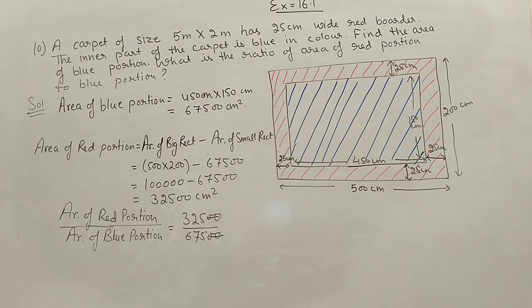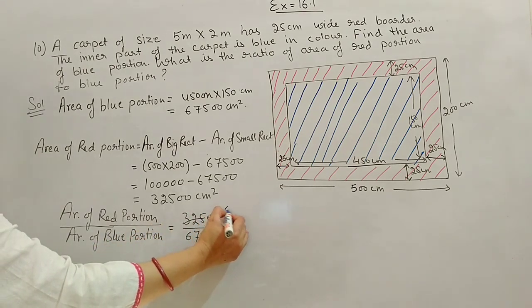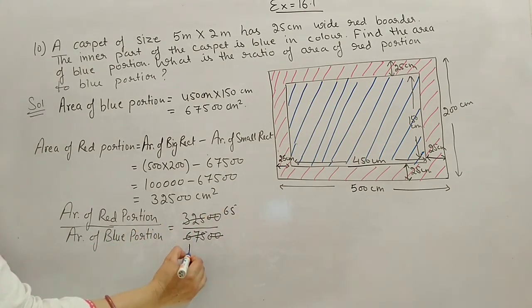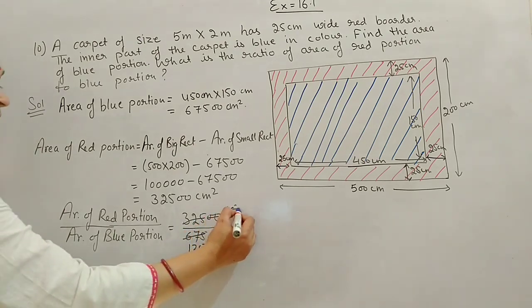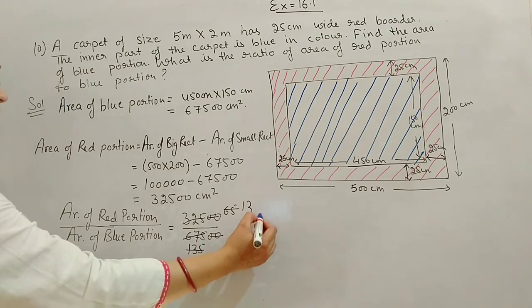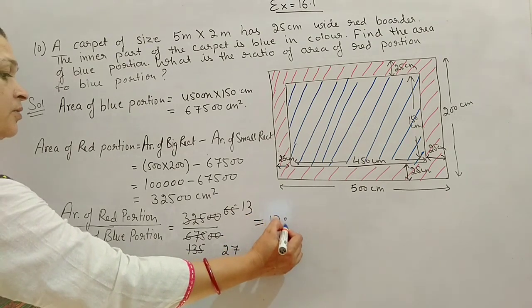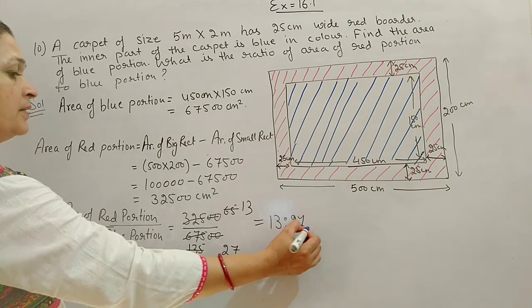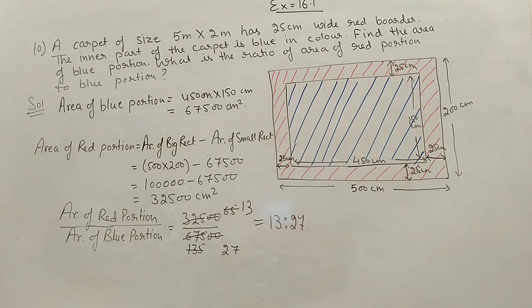After that you can cancel by the 5 table. 5 6 and 5 5, then 5 1, 3 and 5. After that again you can cancel by the 5 table. 5 1 and 3, and 5 2 and 7. So ratio is coming here 13:27. So in this video we will do till here. Hope you understood these questions. Thank you for watching.